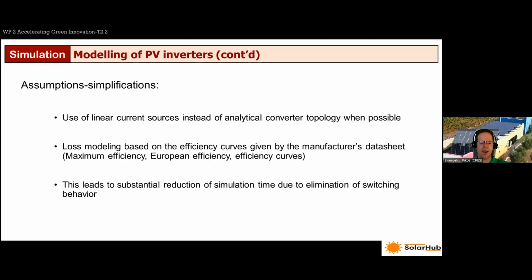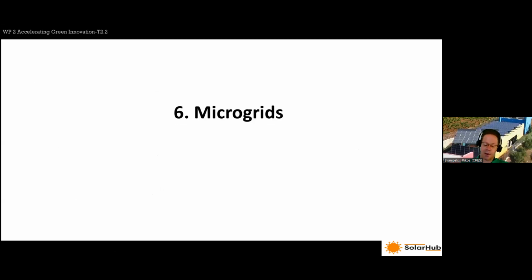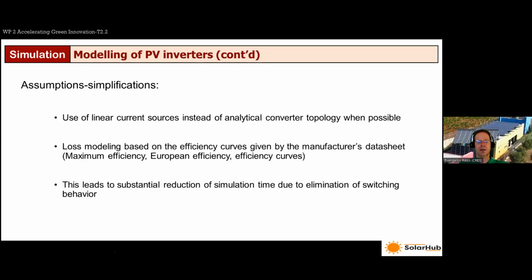I mean, some maps, efficiency curves, some formulas that give the efficiency directly, not through the switching behavior of the semiconductors itself. Because that is the only way for someone to reduce the time when they perform this long-term analysis in photovoltaic systems. Okay, and this concludes the part regarding the modeling of the PV systems.